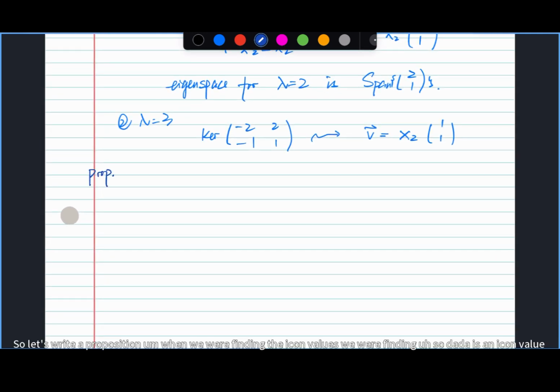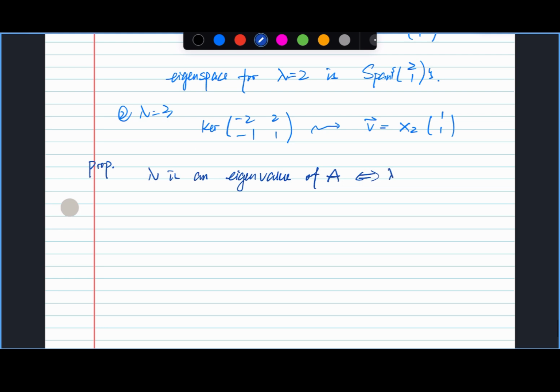So let's write the proposition. When we were finding the eigenvalues: lambda is an eigenvalue of A if and only if lambda is a root of the characteristic polynomial.